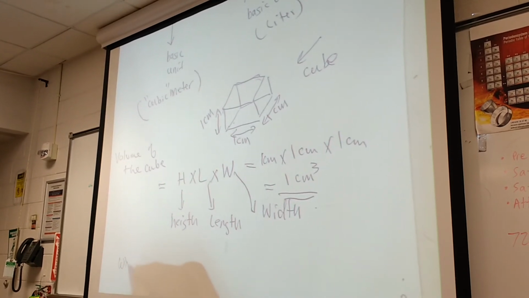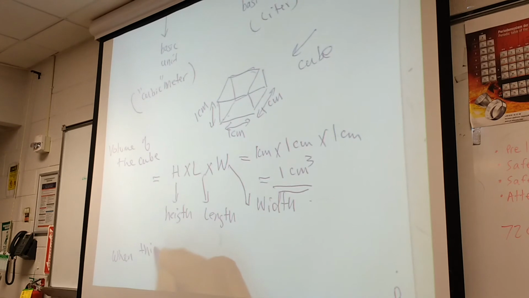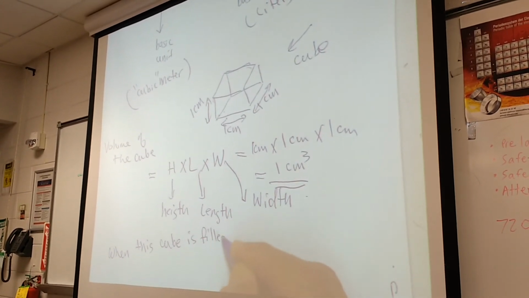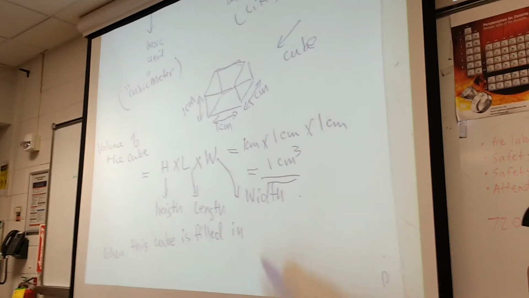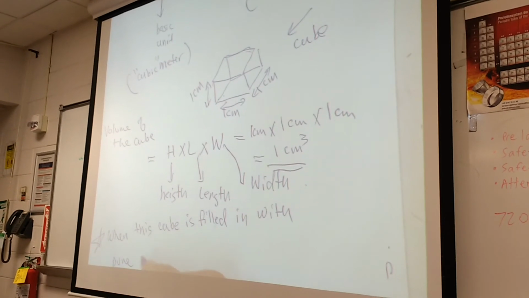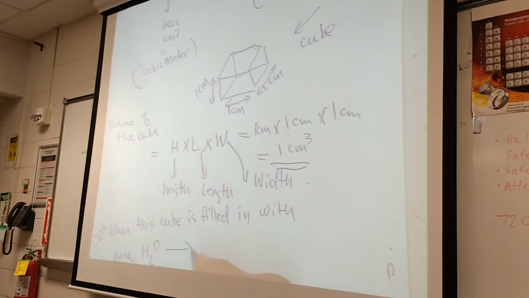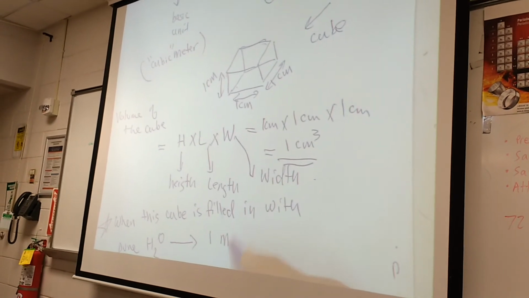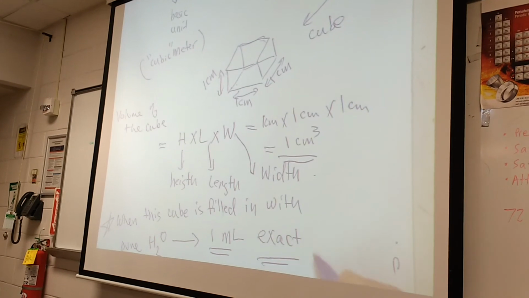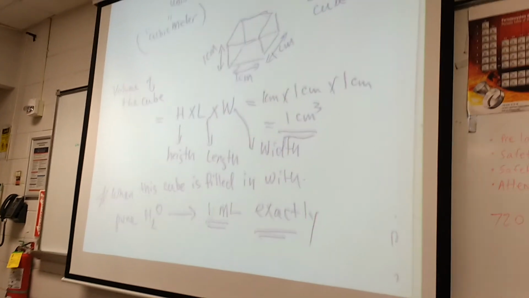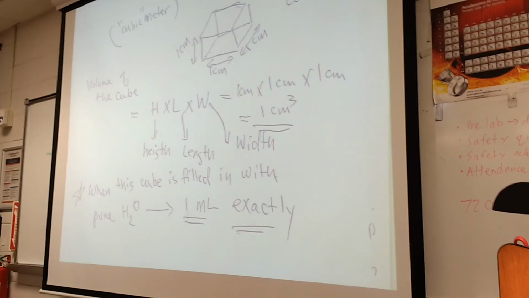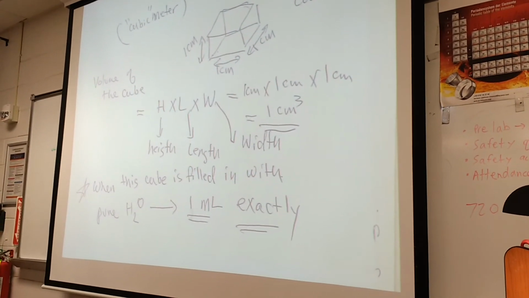When this cube is filled with pure H2O, it gives us exactly 1 milliliter, correct? Therefore 1 milliliter is 1 centimeter cube.